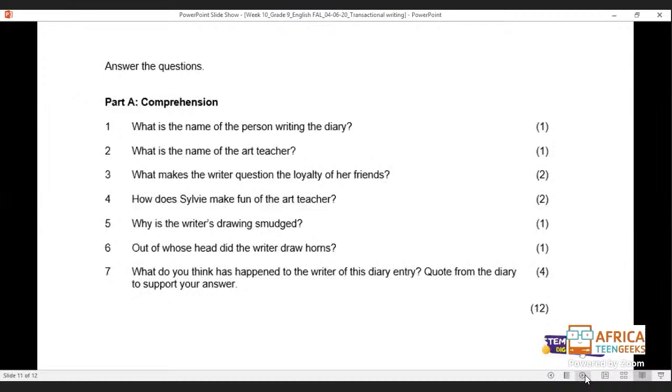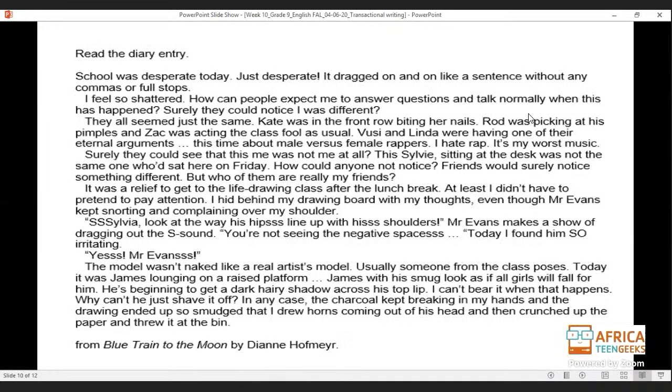And 6, out of whose head did the writer draw horns? The answer is also in the last paragraph, right along with the charcoal.